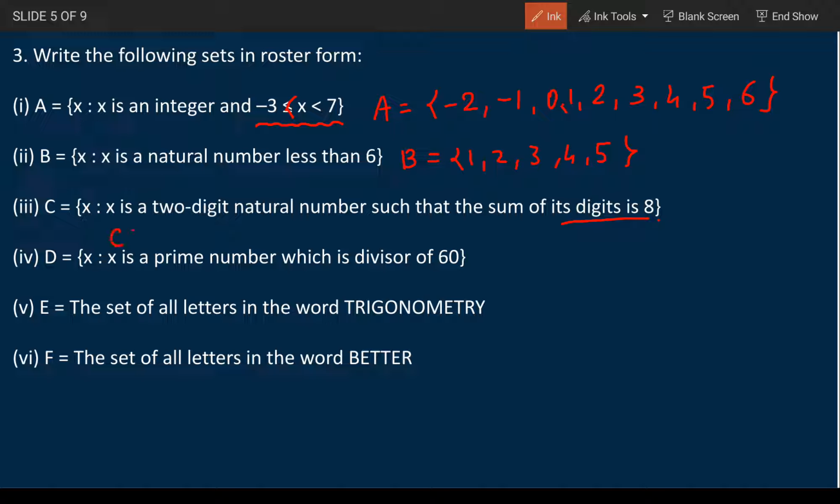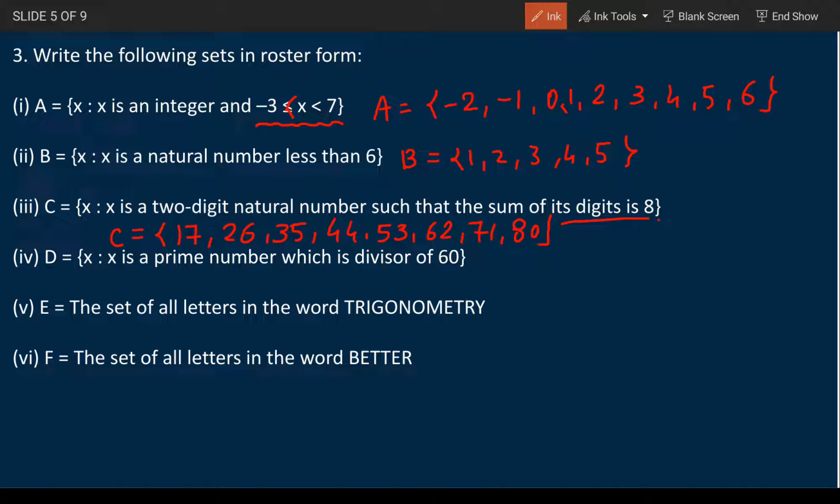So we can start from 1: 1 and 7, sum of it is 8; 2 and 6, 3 and 5, 4 and 4, 5 and 3, 6 and 2, 7 and 1, 8 and 0. We can see that all of these numbers have digit sum 8 and all of these are two-digit numbers. We have a fourth question.